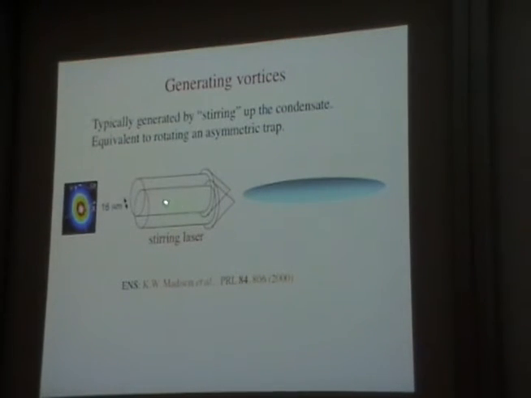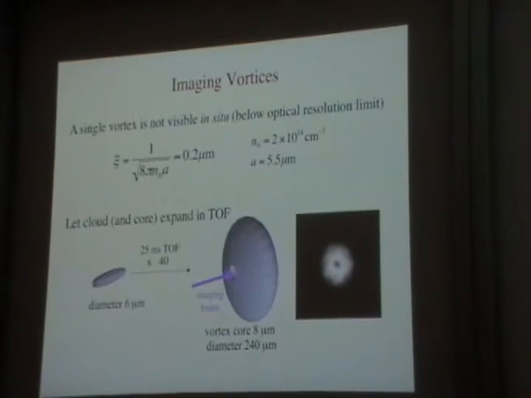One way to distort the trap is to put dipole potentials, like two dipole lasers, on the edge, so it makes the trap a little bit wider, and then you can rotate these laser beams around. This was used by the group led by Jean Dalibard at the École Normale, and they were able to demonstrate generation of quantized vortices this way, and I'll show you some images in a minute.